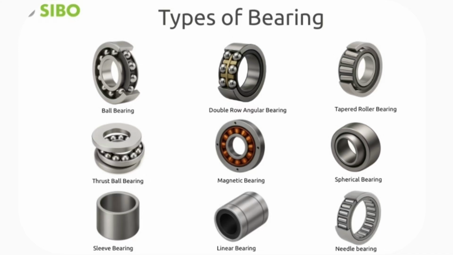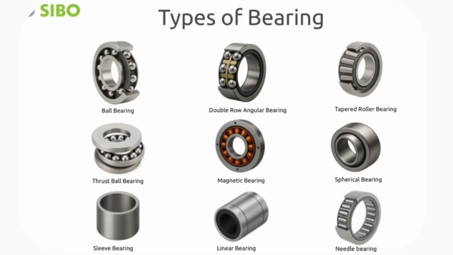Quick comparison guide. Bearing type: radial load, axial load, speed capability, best for. Deep groove ball: moderate, light to moderate, very high; electric motors, household appliances. Cylindrical roller: high, low, high; heavy machinery drives.